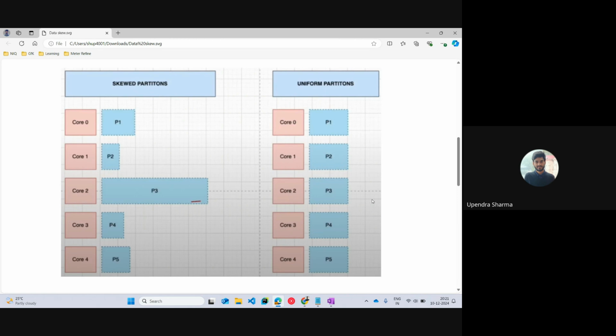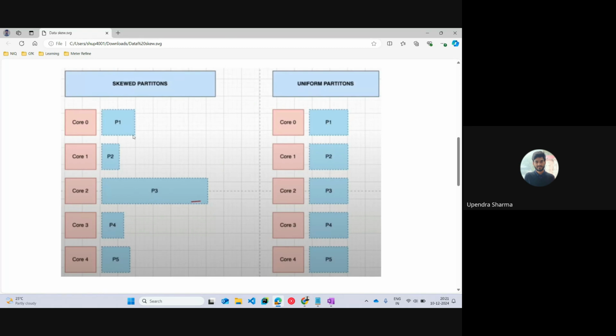But in this case, when our partitions are skewed, core 0 will process this partition, core 1 will process partition P2, core 2 will process partition P3, right? Now, let's assume that this is our x-axis, which is the time axis. As we can see, core 2 will take much more time than the other cores to process this particular partition.